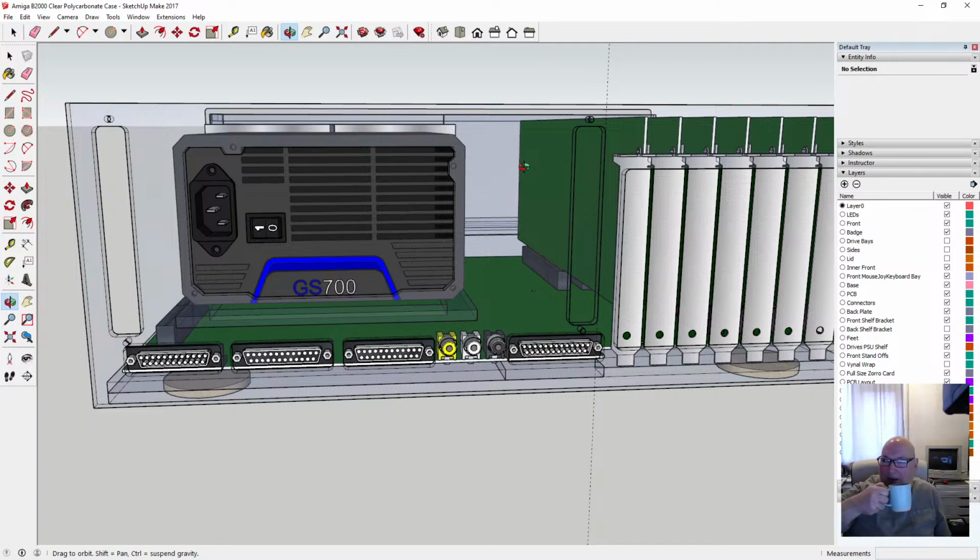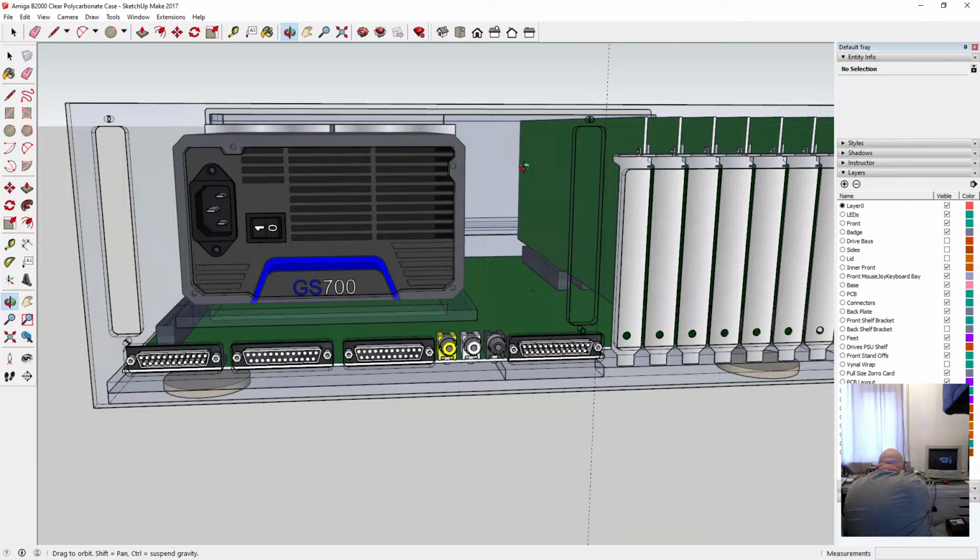That's coming along well. So I need to find the distance between the two. Is it 10 mil? 9.5 mil.